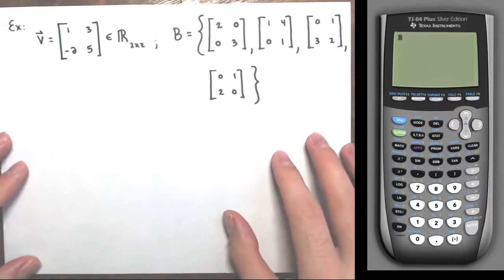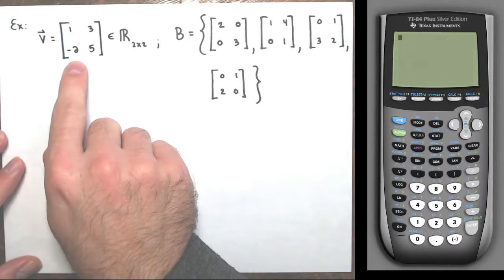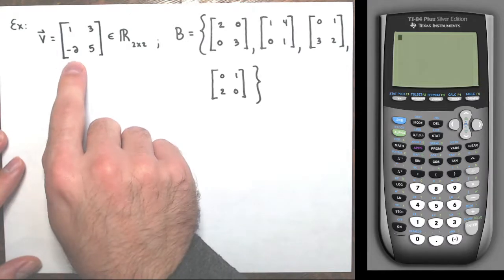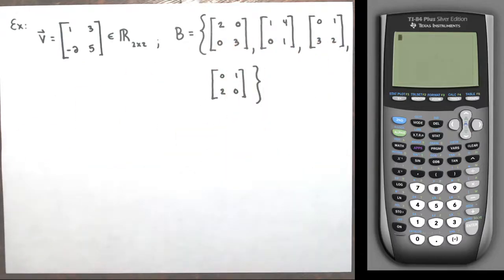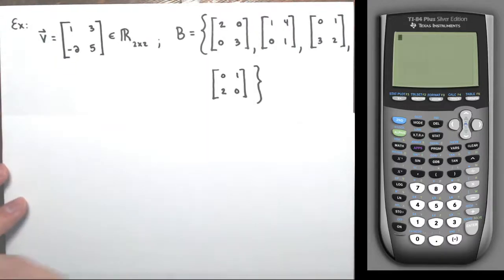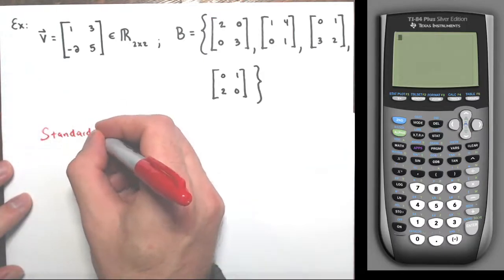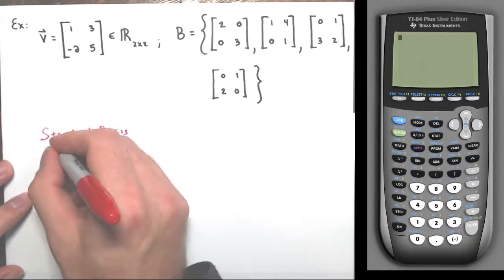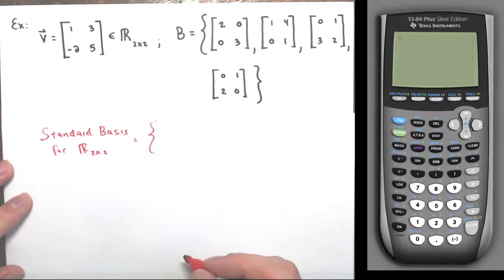But it's no different though. I'm trying to say, hey, here's a vector. My vectors are 2x2 matrices now, and here's a basis. Now this is not the standard basis. If you recall, the standard basis, I'll draw it here, for the set of 2x2 matrices was all the 2x2 matrices where exactly one entry was a 1, and all the other entries were zeros.